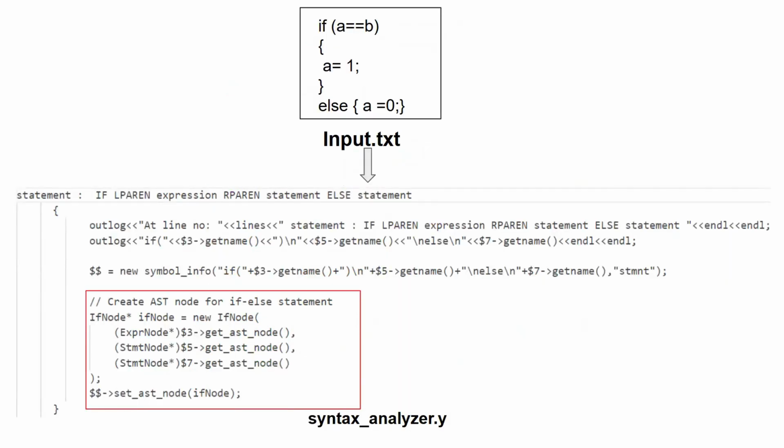For example, if you want to generate 3-address code for the if block, then first you have to find out from which production rule of your context-free grammar of your YAP file you are going to pass the information.